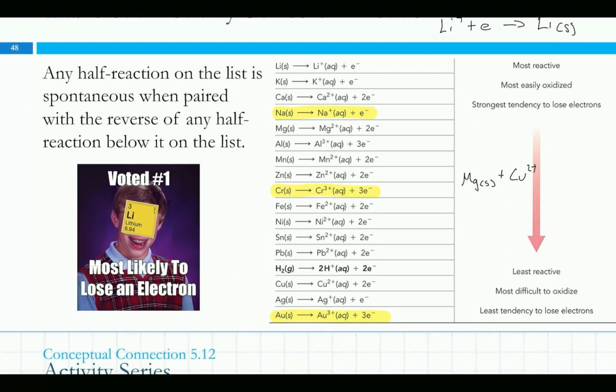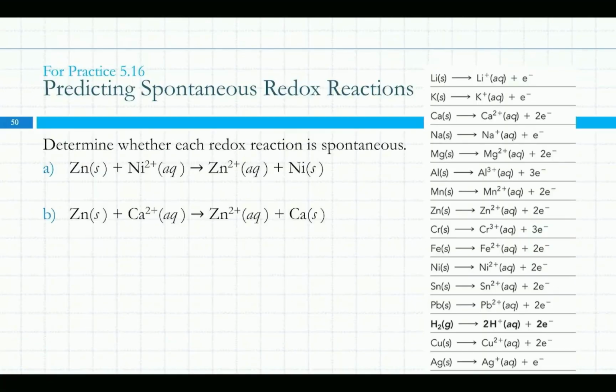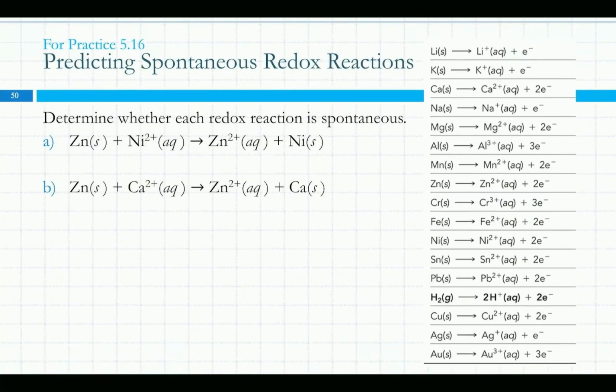Let me do this. So is reaction A spontaneous? I should ask this question first. Which one's more likely to lose electrons? The zinc here. And then we've got the nickel below it. Now, over here, I don't have nickel, I've got Ni2+. So I have this ion, so that wants to gain electrons.